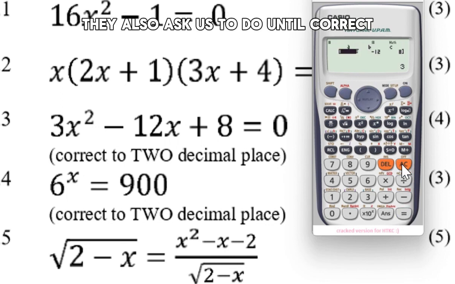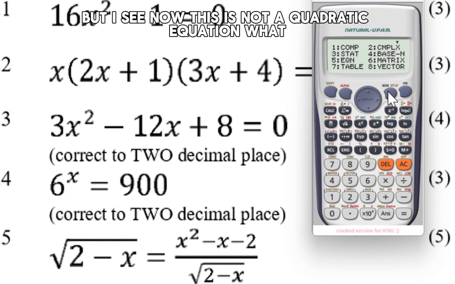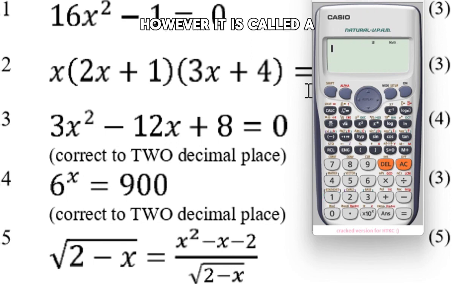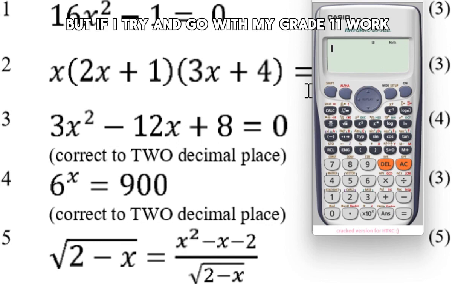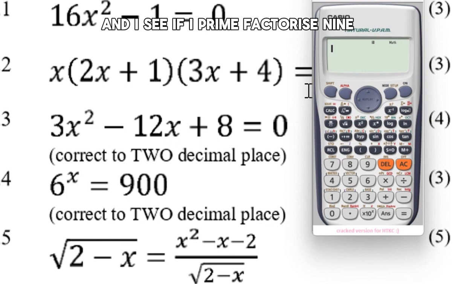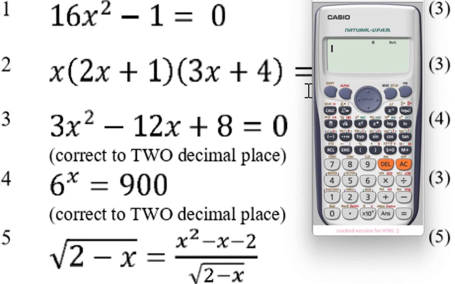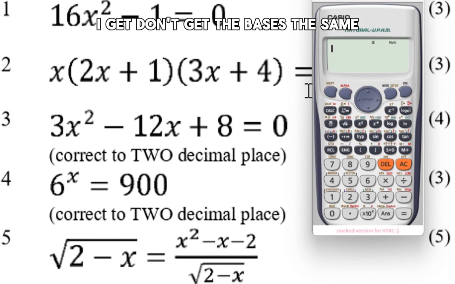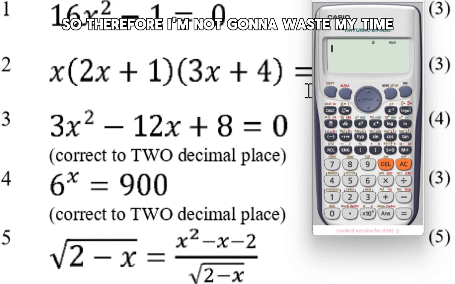Now the next question, they also ask us to round to 2 decimal places, but I see now this is not a quadratic equation. However, it is called an exponential equation. But if I try to go with my grade 11 work, and I prime factorize 9, I don't get the bases the same. So therefore, I'm not going to waste my time.